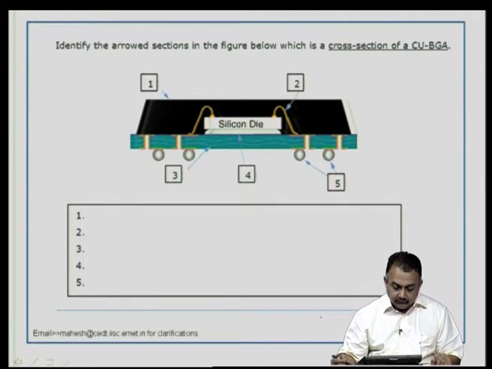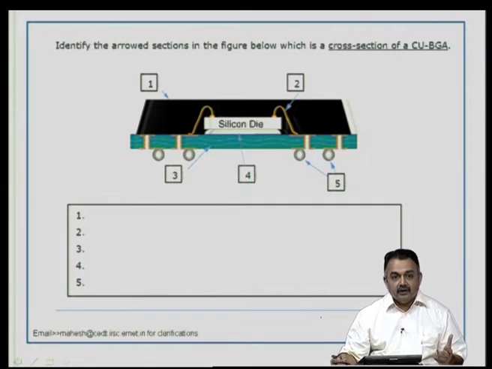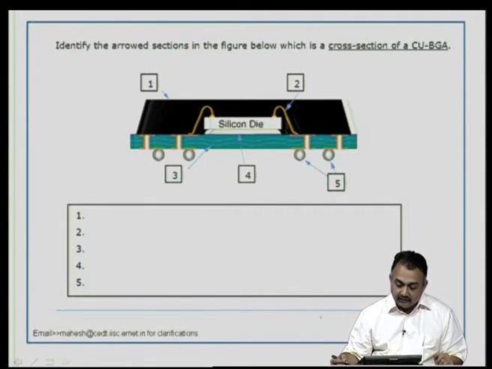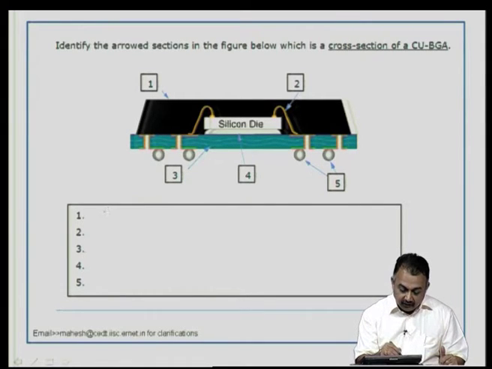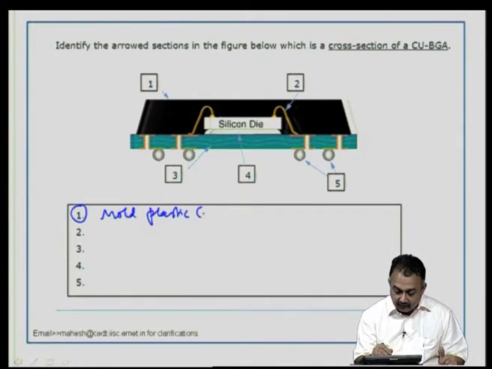Finally, we have another cross section of a package and we will try to identify the arrowed sections in the figure. This is a cavity up ball grid array. By now, I think you are familiar with the various parts of a component. So, finally, we will try to write down once again: item number 1 here is a mold, plastic, epoxy, encapsulant.